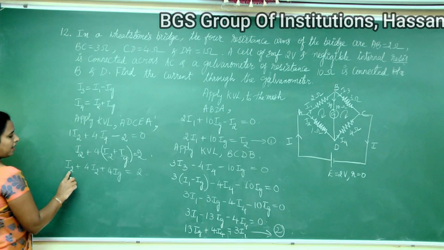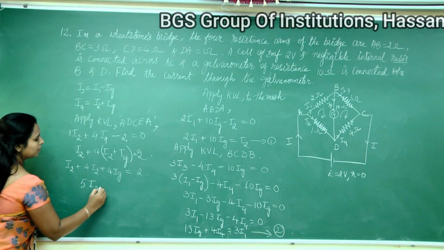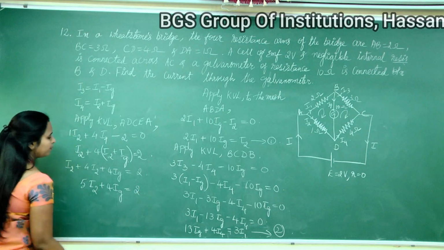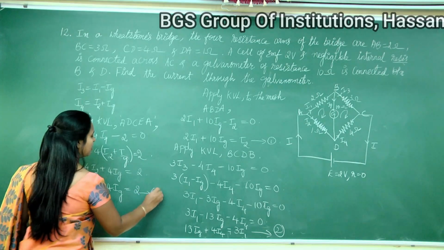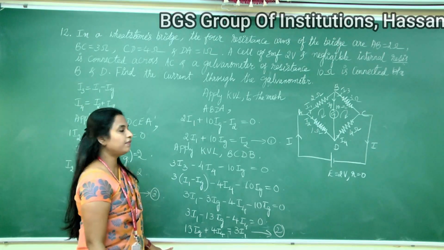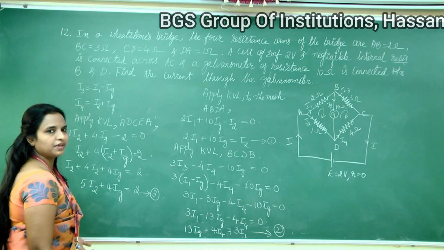Then I2 plus 4I2 becomes 5I2 plus 4Ig equal to 2. Call this as equation number 3. Now using equation 1 and 2, we can solve to eliminate any one of the current.